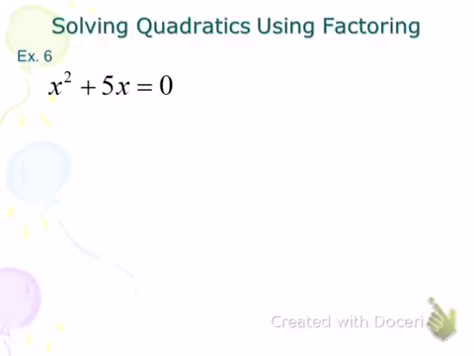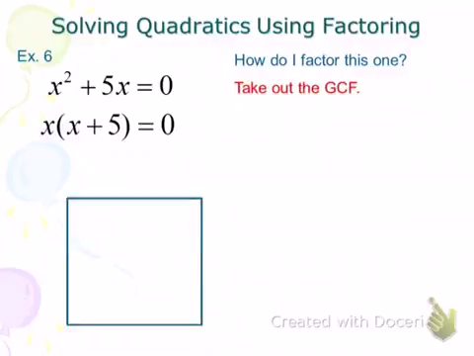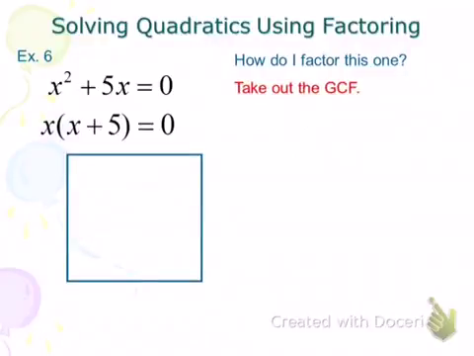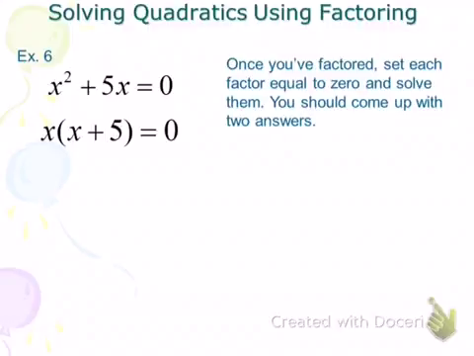X squared plus 5x equals 0. We're solving by factoring. So the steps for factoring 2 terms are GCF, difference of squares, and then cubes. We can take a GCF outright. It'll be x times x plus 5. And you can confirm that that multiplies together to give us x squared plus 5x.